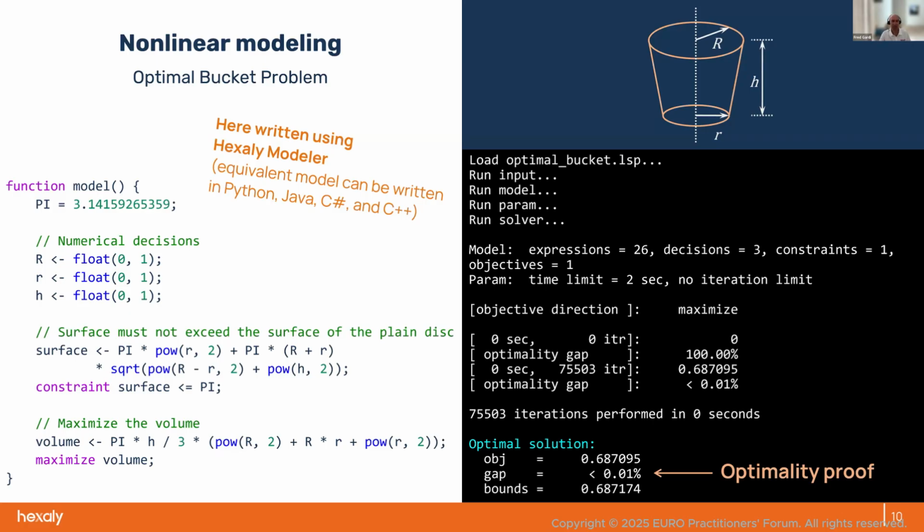I don't claim that we can solve any nonlinear, non-convex problem in seconds. Here it's a small problem, so it's fast. As you know, these problems are difficult to solve, like discrete problems, so it's not fully scalable. But you can expect very good solutions very quickly, even if they are not optimal.